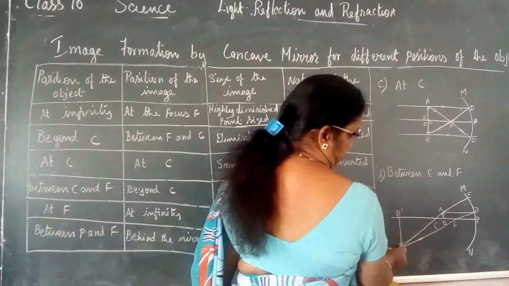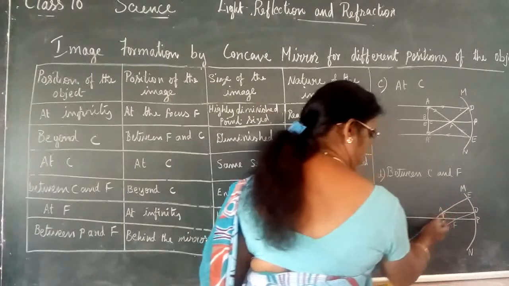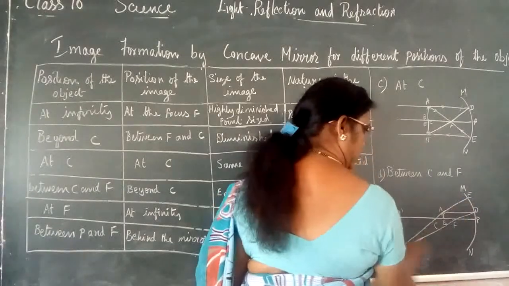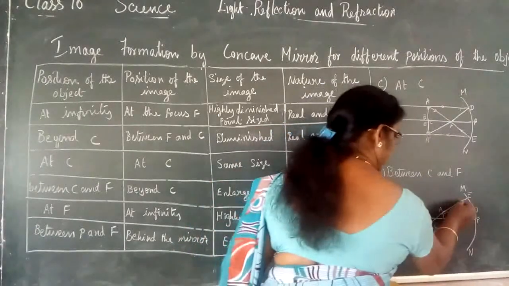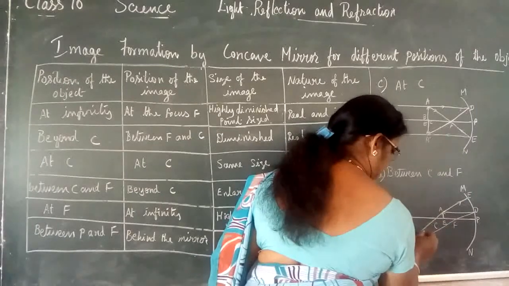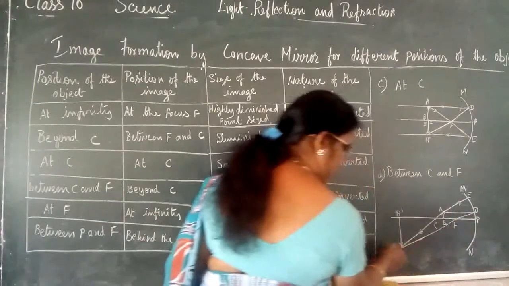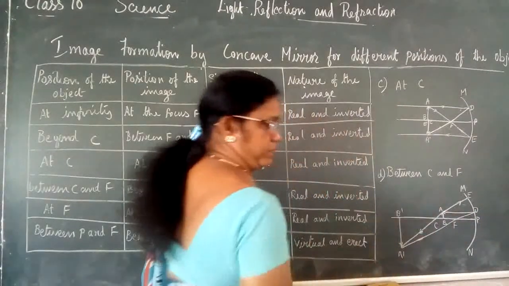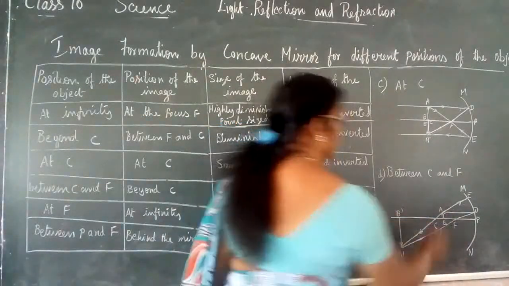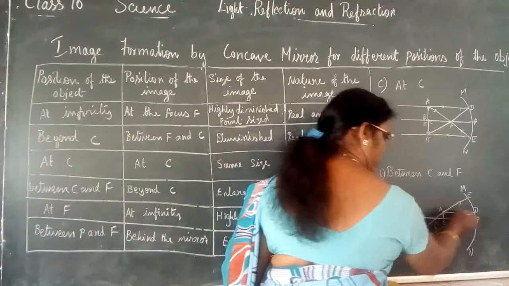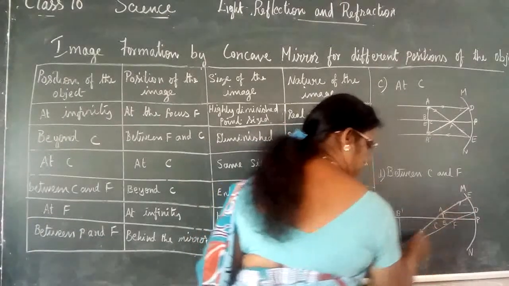And the ray which passes through the center of curvature moves in the same path in the opposite direction. Hence, this ray travels in the opposite direction on the same path, and these two rays meet at a point beyond C. Hence, here we will get an inverted image. See, the ray which moves from the top of the object reaches this point, and this ray moves in the same direction.